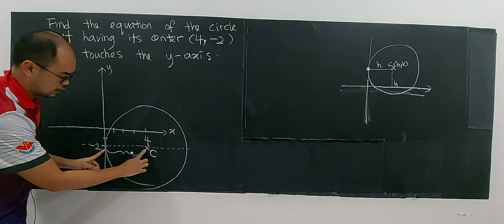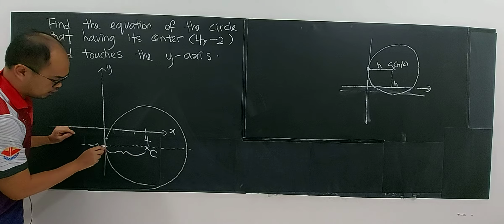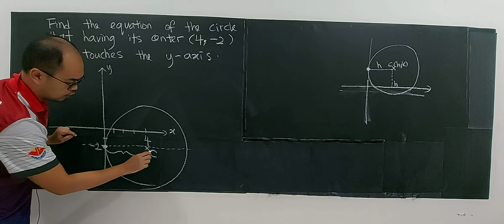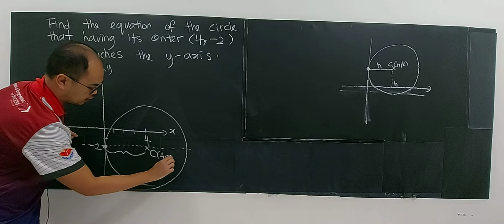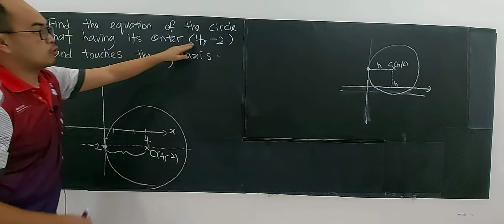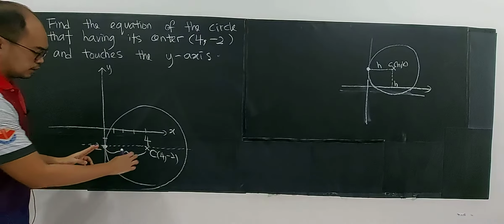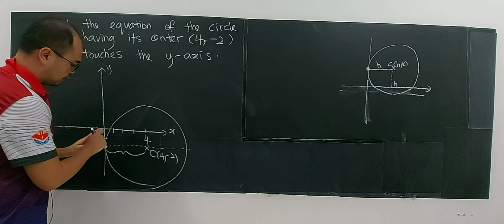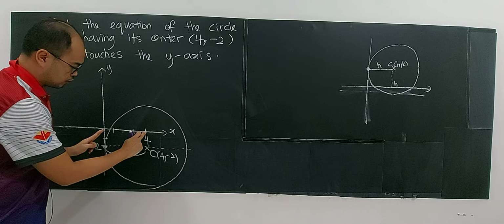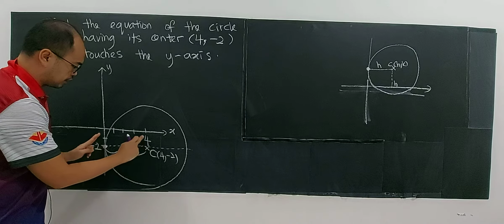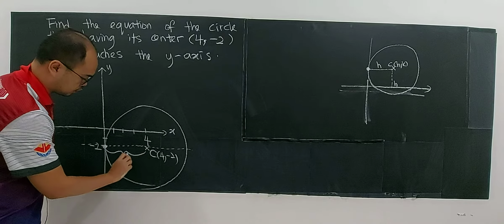Definitely, since this is a point of contact, it's touching. For the center here, you have (4, -2), right? So from the origin, 0 to 4. If you look at my hand here, this will be the radius of the circle. Means that the radius of the circle is also 4.